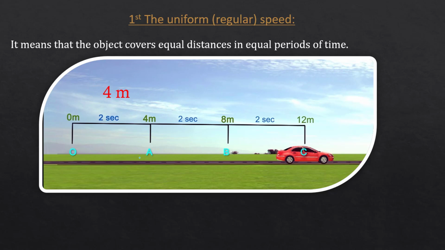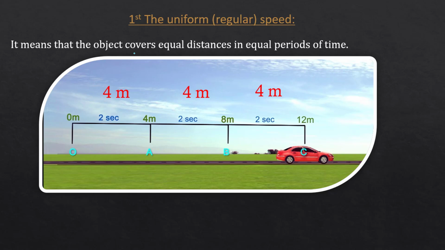And let's measure the distance between A and B. Between A and B, it will also be 4 meters, because it starts from 4 meters until 8 meters. So it will be 4 meters also. And also between B and C, also 4 meters. So the car, the object, covers equal distance. That's right, it's 4 meters each time.